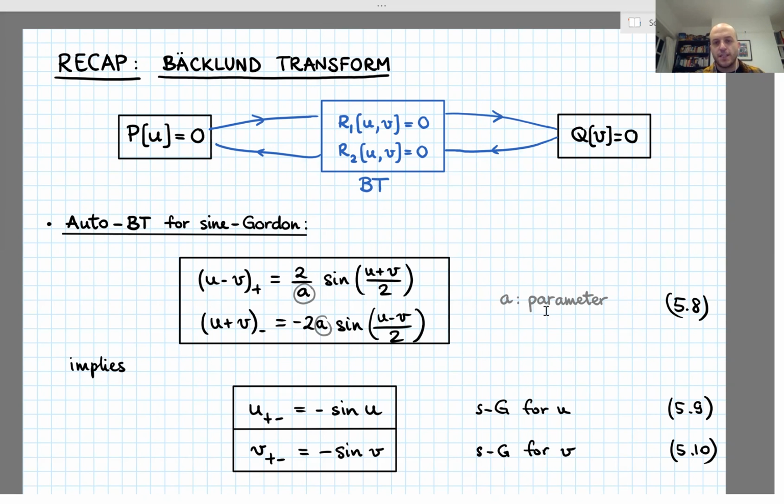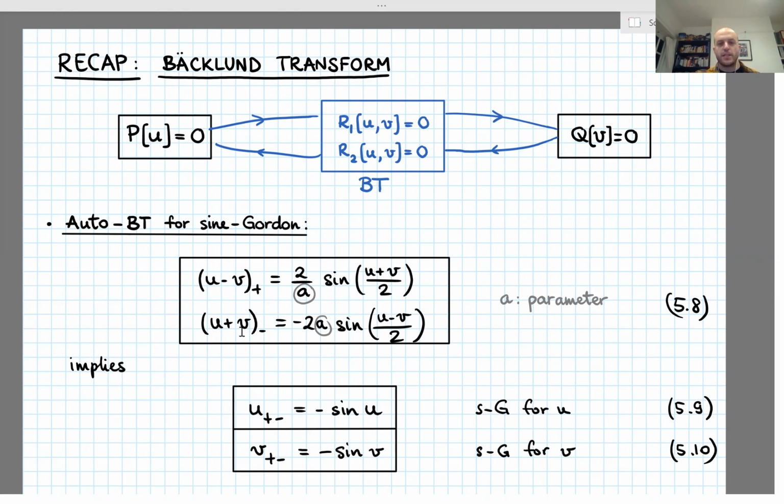So in the previous example of the Laplace equation, if we apply the Backlund transform twice, we would go back to the original solution. And the same thing would happen for the Sine-Gordon equation if it weren't for this parameter a. So equation 5.8 here defines the Backlund transform.